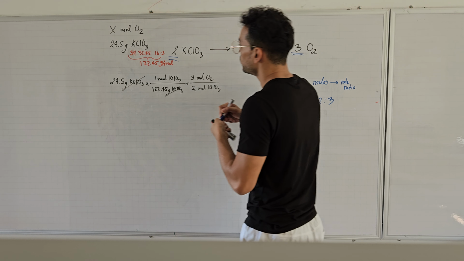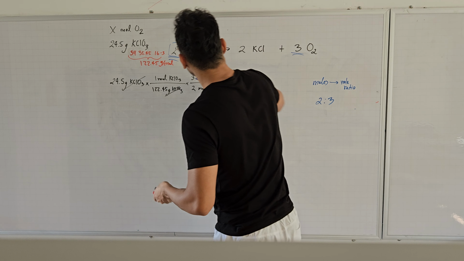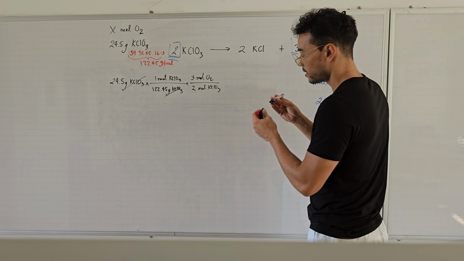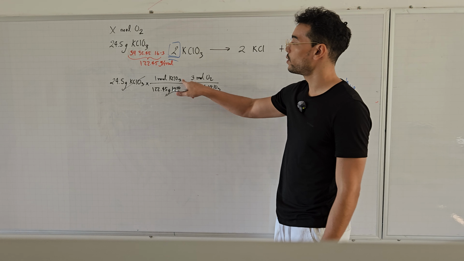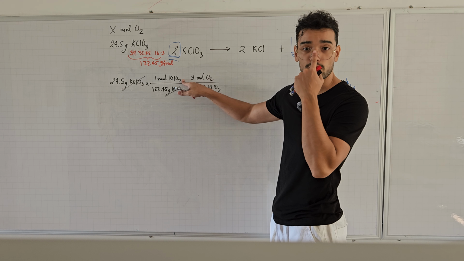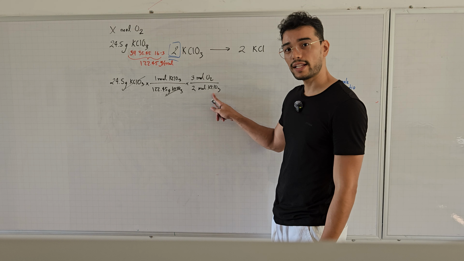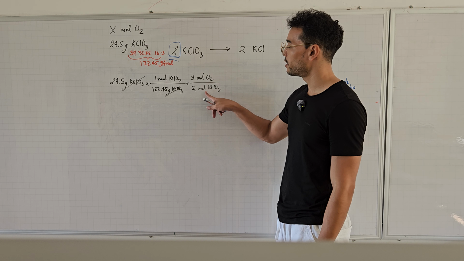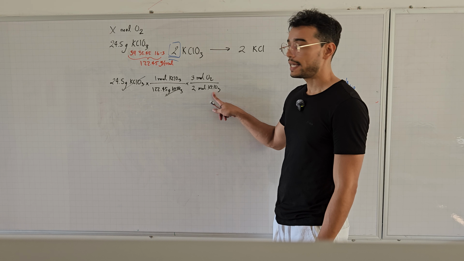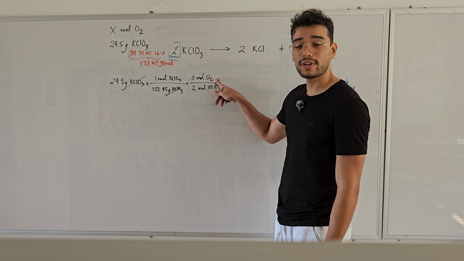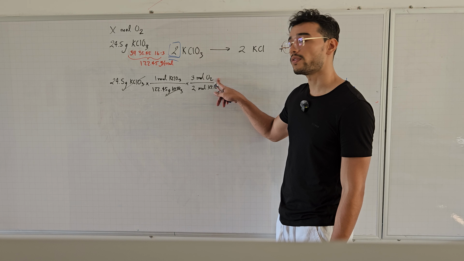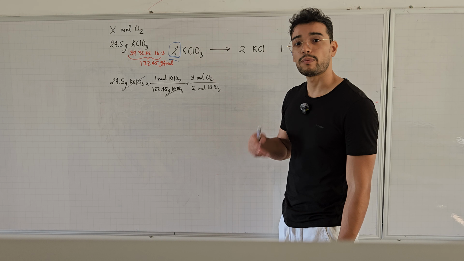It is very simple. Just pay attention to the stoichiometric coefficients. Since you already know the unit you have in the denominator, you have to use the unit that cancels it. So you write mole of potassium chloride below, and the unit that you're looking for, moles of oxygen, goes above.